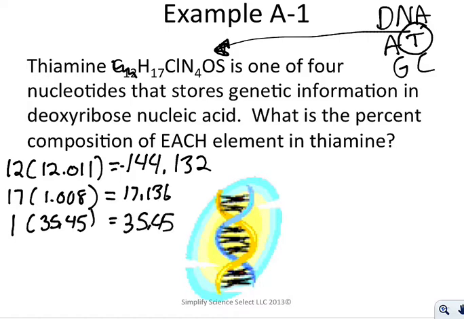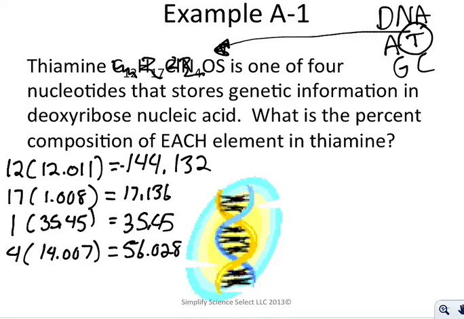So that is 35.45. You have four nitrogens. So you have 4 at 14.007 or 56.028. Next, we have one oxygen at 15.9994.